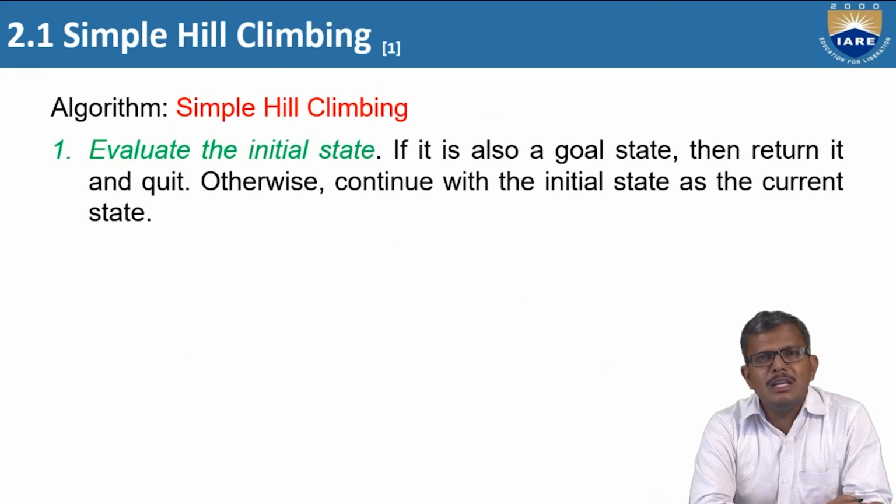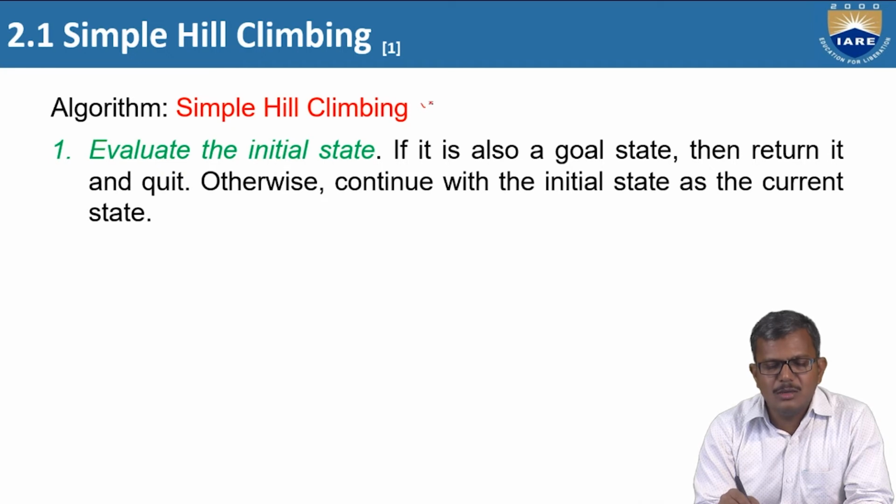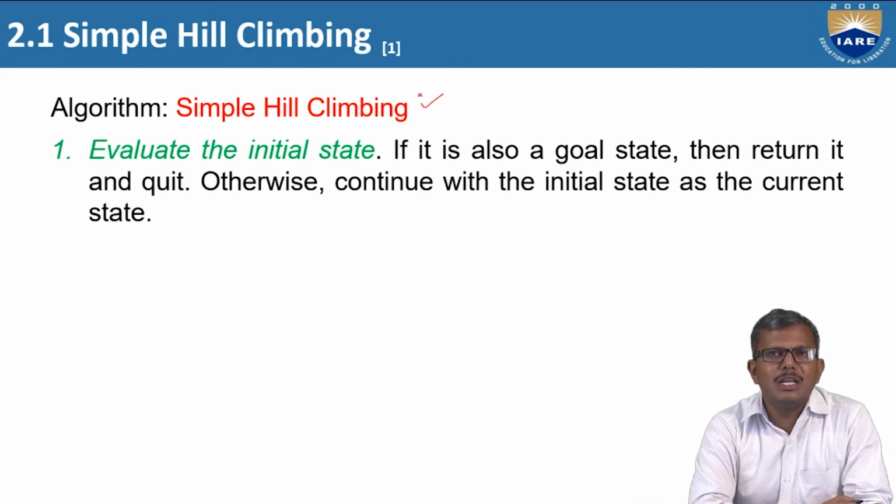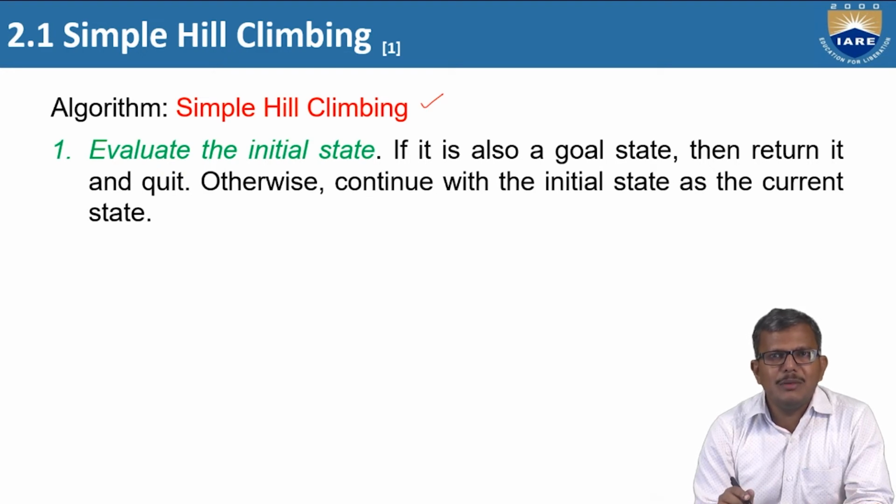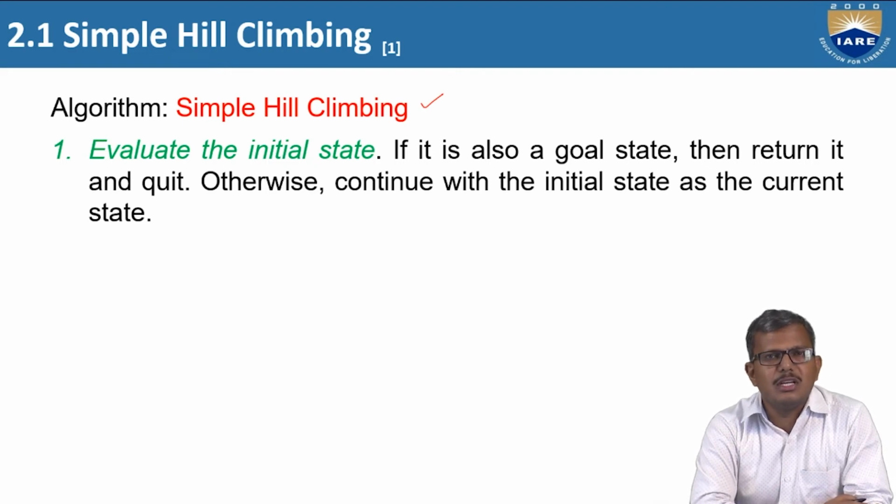So in hill climbing also there are two different approaches, two different flavors we can say. The first one is called the simple hill climbing technique, or simple hill climbing algorithm. In the simple hill climbing algorithm, the first step is to evaluate the initial state. The same thing we did in the generate and test procedure, we do here also.